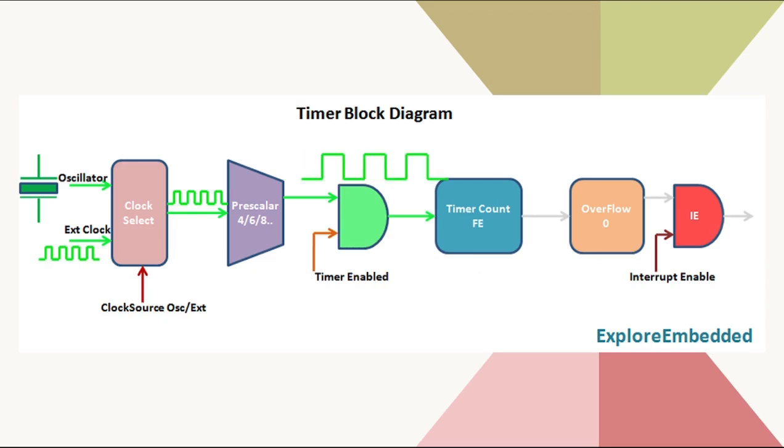As the timer is enabled, the count keeps increasing till it reaches the final count, that is FF. After it reaches the final count, the overflow flag is set, which generates the interrupt at the end.